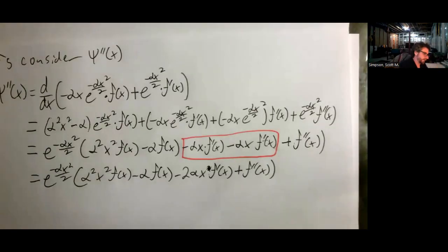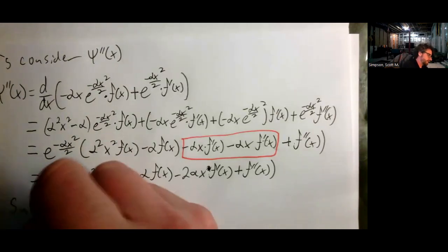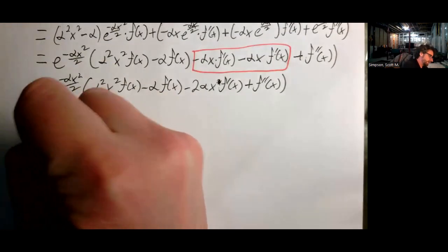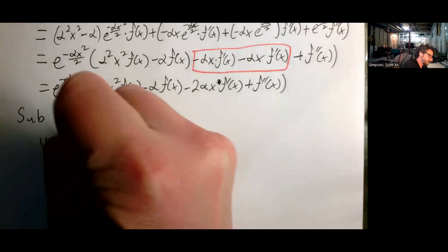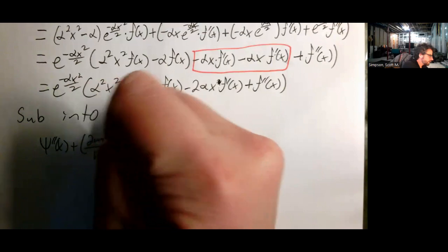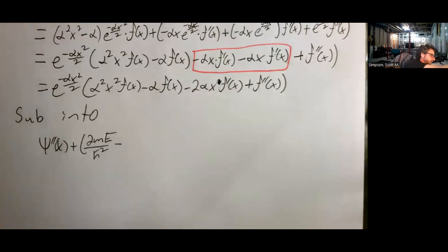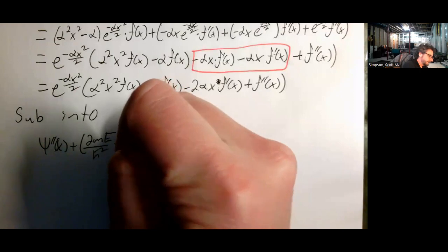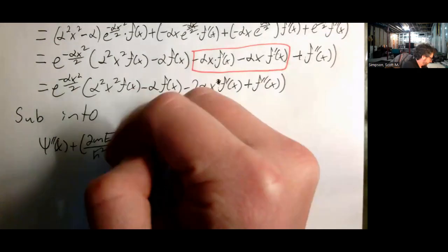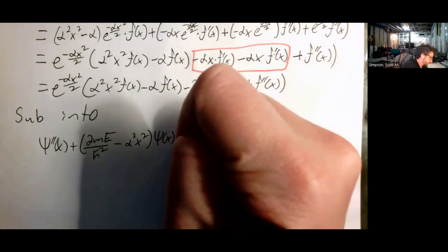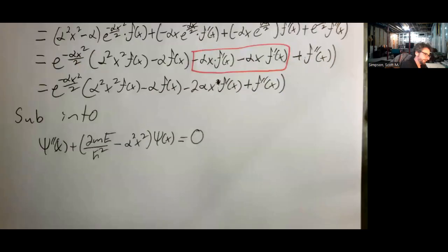So if you remember, we want to sub into our Schrodinger equation, where basically we have f double prime of x plus 2me over h bar squared. Let me make sure that was an h bar squared. Yeah, we're good. Minus alpha x squared, psi of x is all equal to 0.